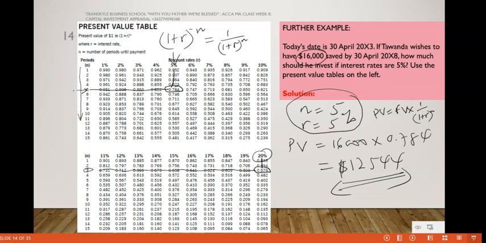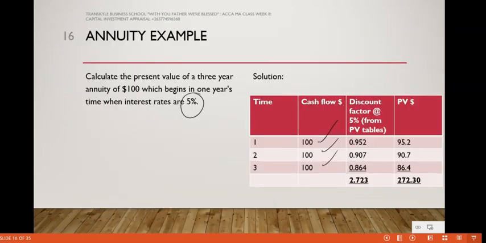So every year you can see that at 5% there is 0.952, 0.907, 0.864, as you can see. So these are the factors we are talking about, the discount factors. If we multiply these discount factors by the cash flows, we get the present values.